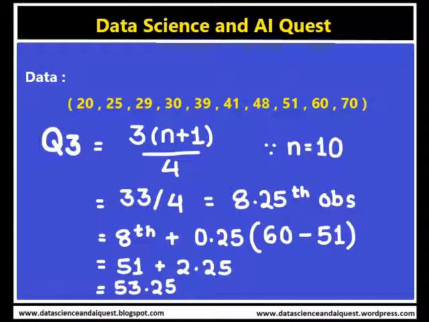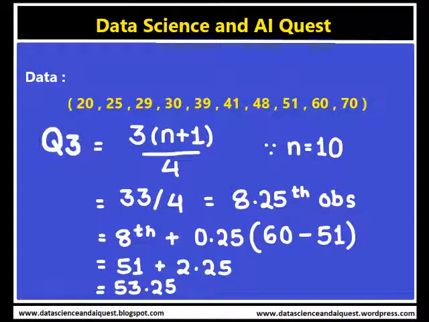As in this data set we have 10 elements, after putting the value of n equal to 10, we get 33 by 4, which comes to be 8.25. So the 8.25th observation is the value of the third quartile.